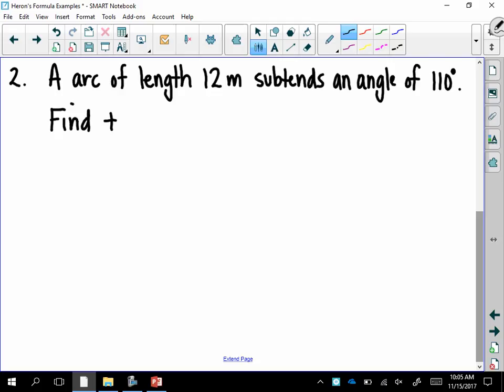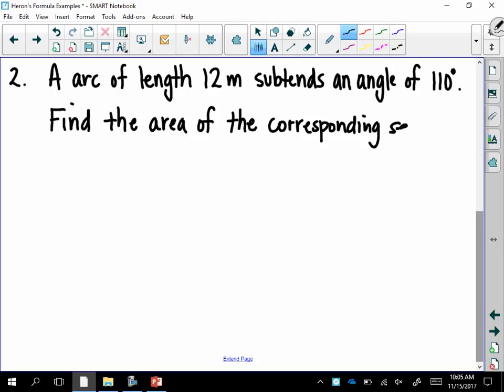Find the area of the corresponding sector. And so we're given an arc length, and then we're told the angle measure that it subtends, and then we want to find the area of the corresponding sector.